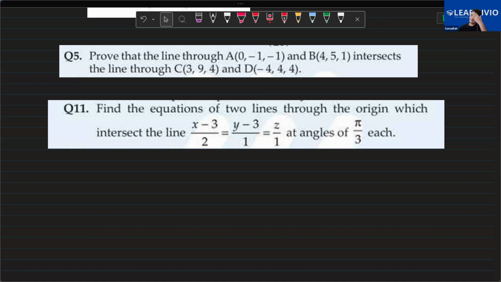Is it done? समझ आ रहा है क्वेश्चन ये वाला? Anyone got the answer? अंजलि ने आपका आंसर है? नहीं? Doing so.